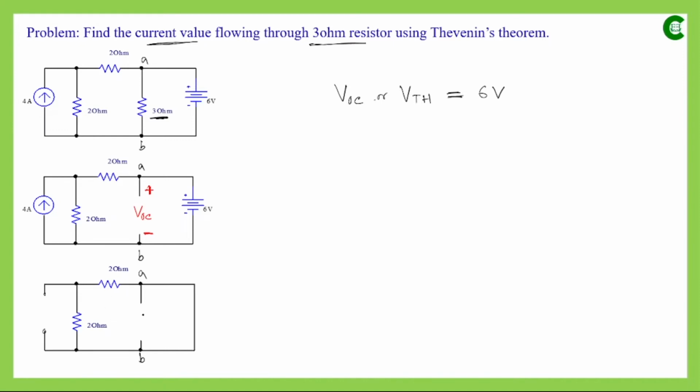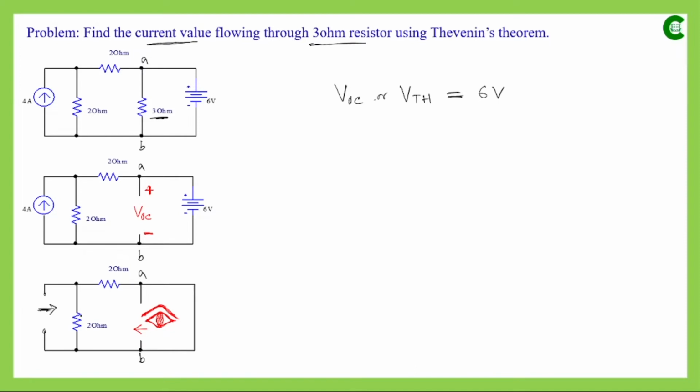Now in this circuit we can see we have two resistors, and these are the two concerned terminals. So we will look into the circuit from this side and start simplifying it to find the internal resistance.